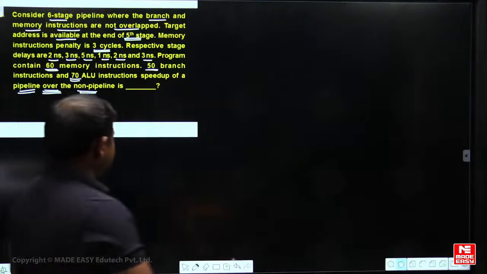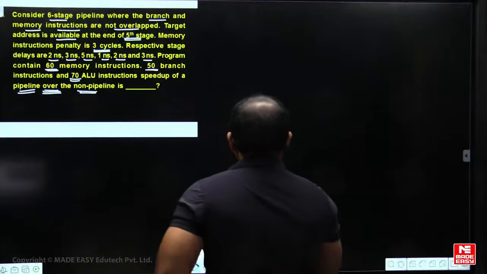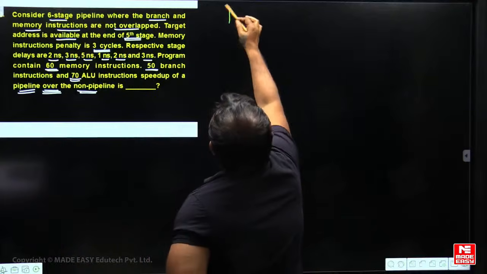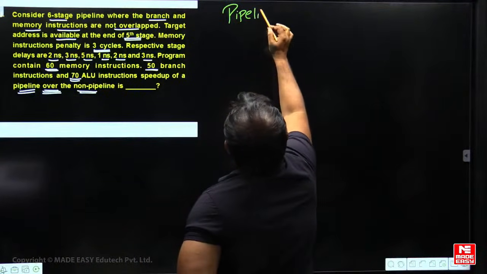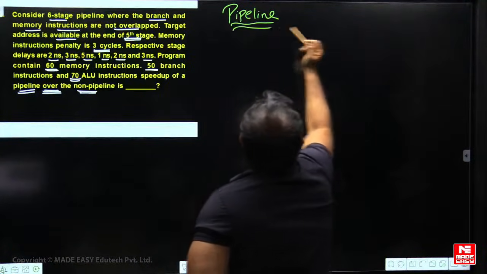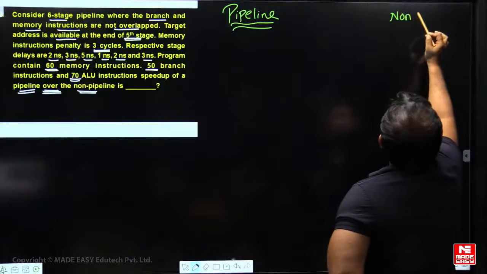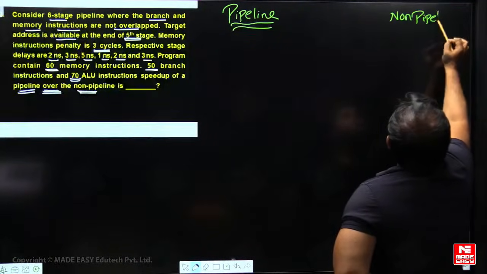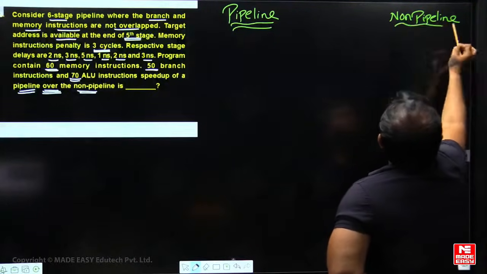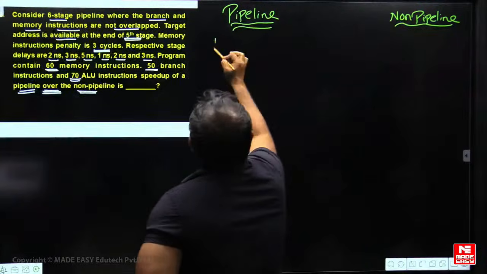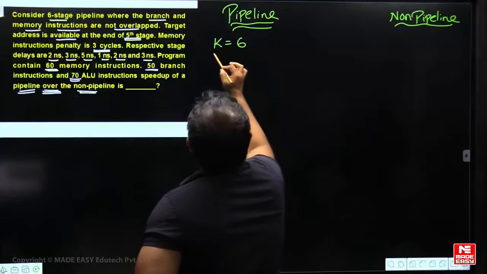Students, pipeline is given, speed up we want. Here k value is equal to 6.